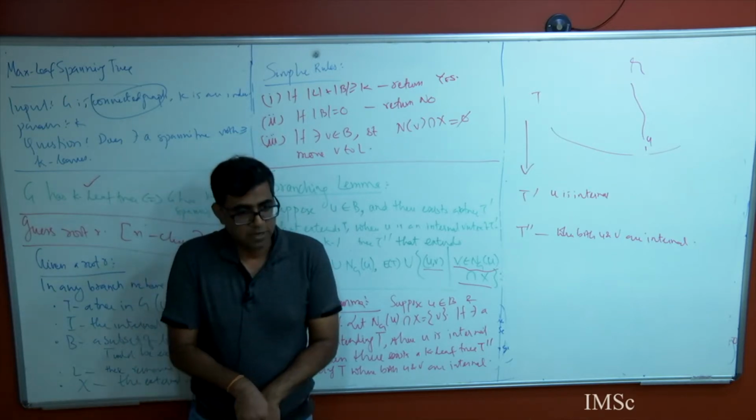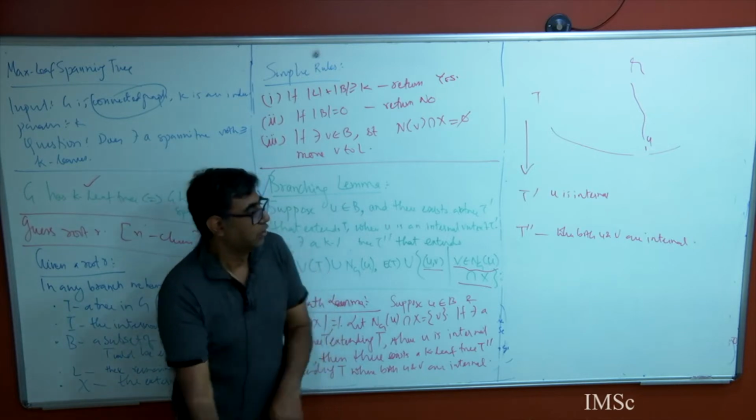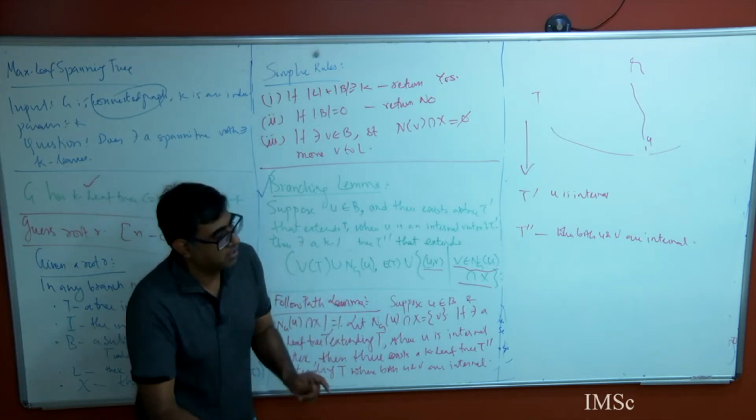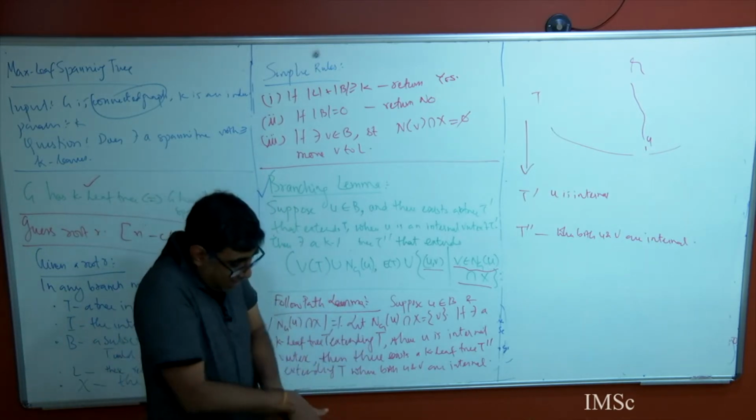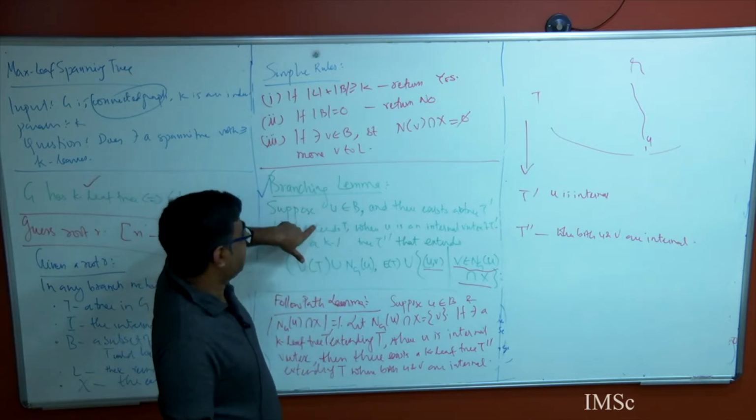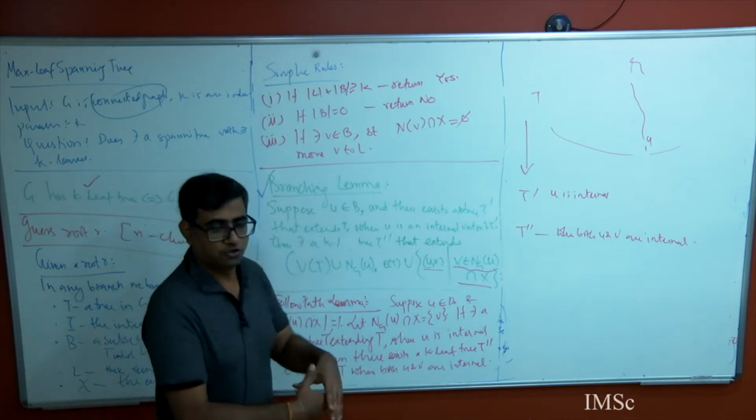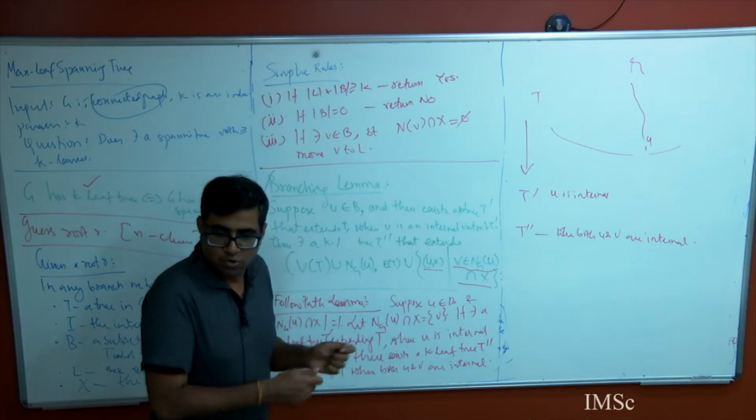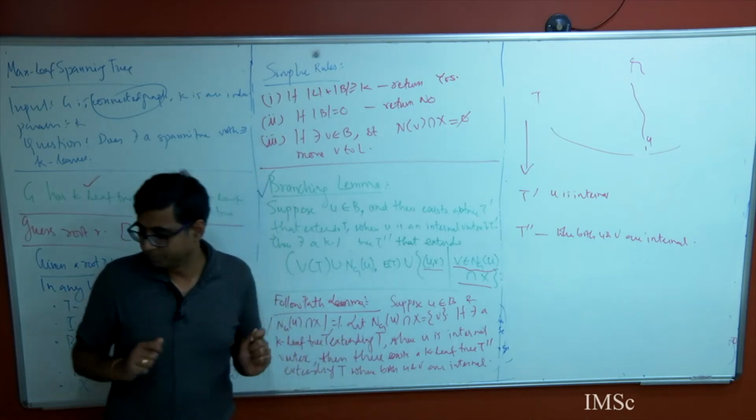Great. So now you have to extend V. Either it has another degree 1, then you apply this lemma once more, or it has degree 2, then you can apply the branching lemma on that. So you can always do extensions.